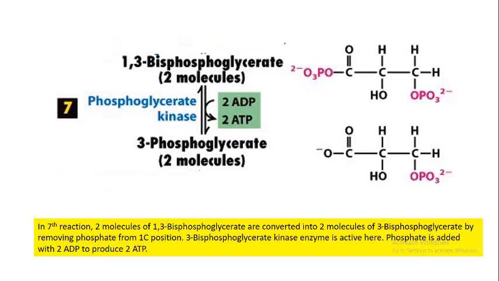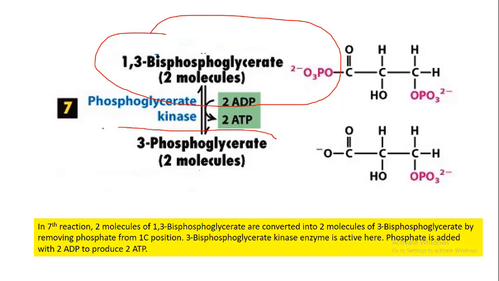In the seventh reaction, two molecules of 1,3-bisphosphoglycerate are converted into two molecules of 3-phosphoglycerate by removing phosphate from one carbon position. 3-phosphoglycerate kinase enzyme is active here.